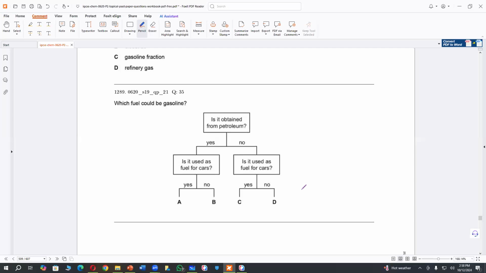Which fuel could be gasoline? Obtained from petroleum. Yes, used as fuel for cars. Yes. A.